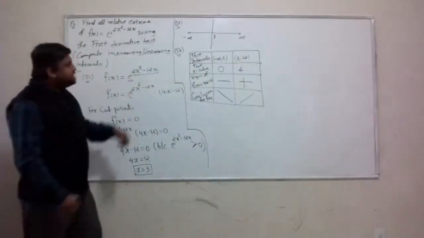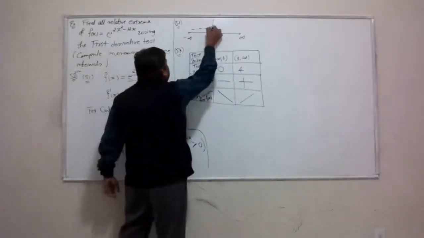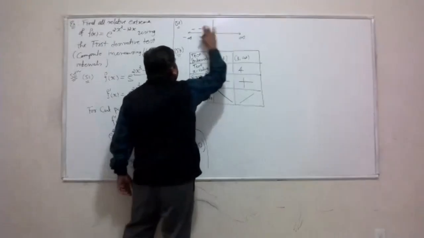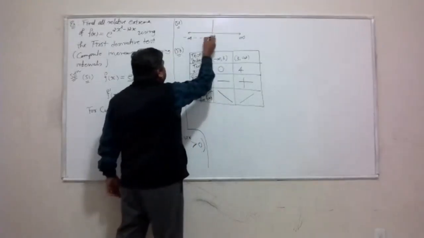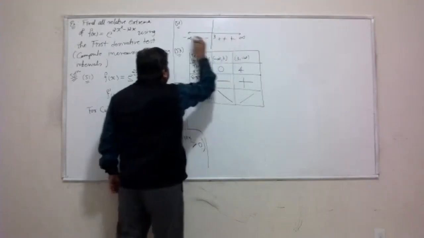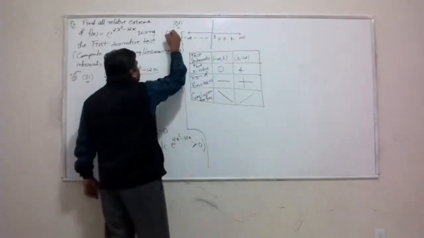All right. If you copy that third row on the number line, you get the sign chart of f prime x.